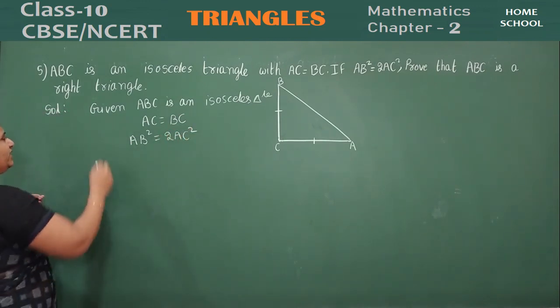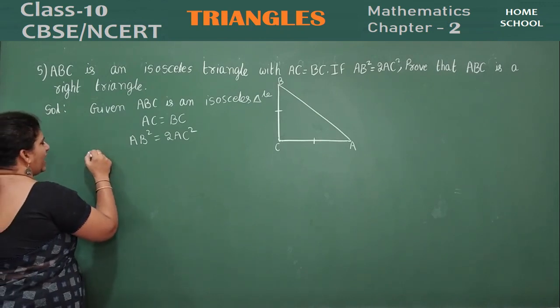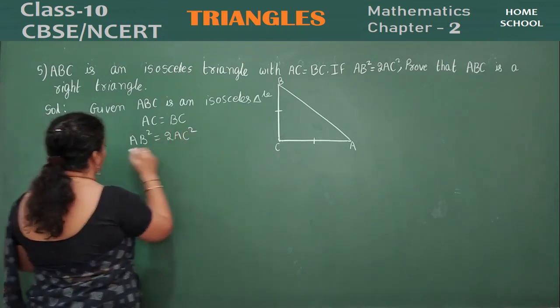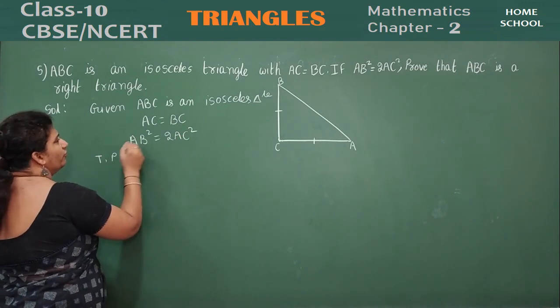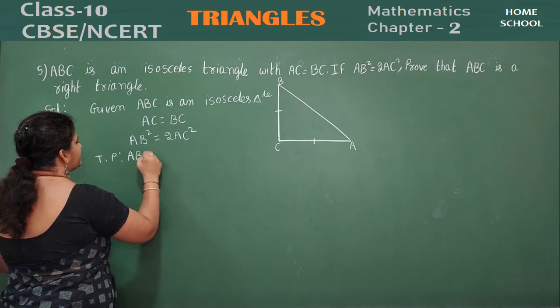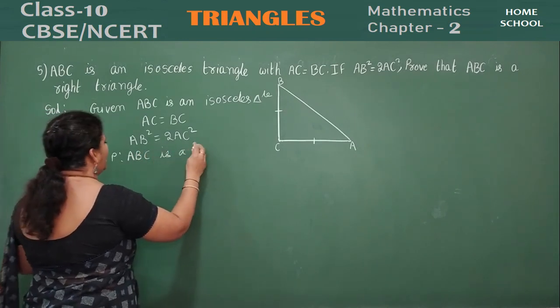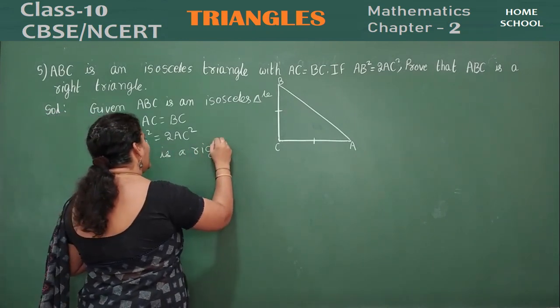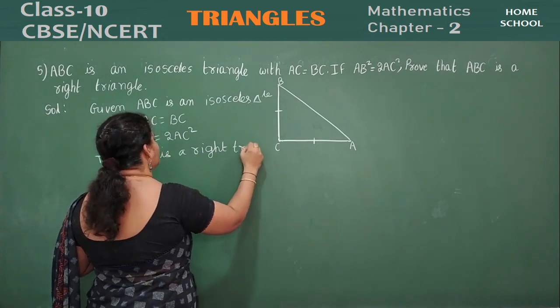Okay, what we need to prove here? To prove ABC is a right triangle, we need to prove.